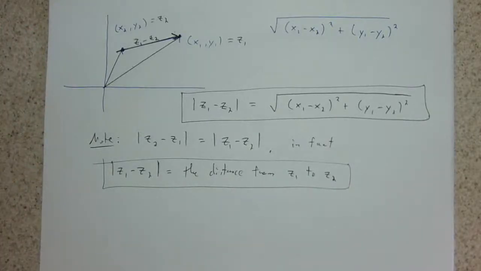That should be symmetric. Okay, this is one of our requirements of anything we want to call a proper distance function, or if you've had experience with them before, a metric space. So this is the notion of a metric. All right, so this gives us a way of computing distances between complex numbers.